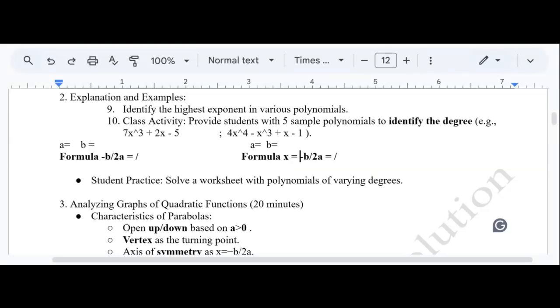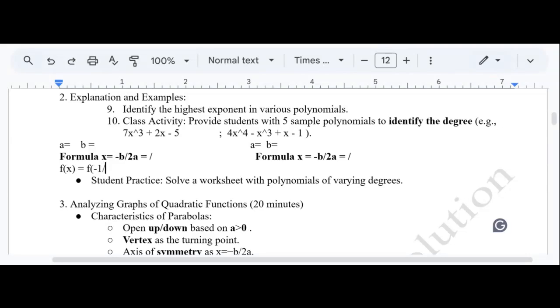You find Y, correct. How much is Y for the first one? How much is Y for the second one? Of course, we don't call it Y, we call it F of X. So the first one is going to be F of X, where X is minus 1 over 7.